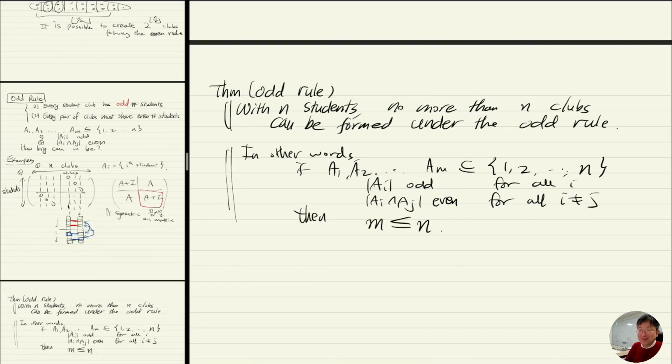That's the theorem. So this is a huge difference, right? When you have even sizes, you could have 2 to the n over 2, but now you only have n.